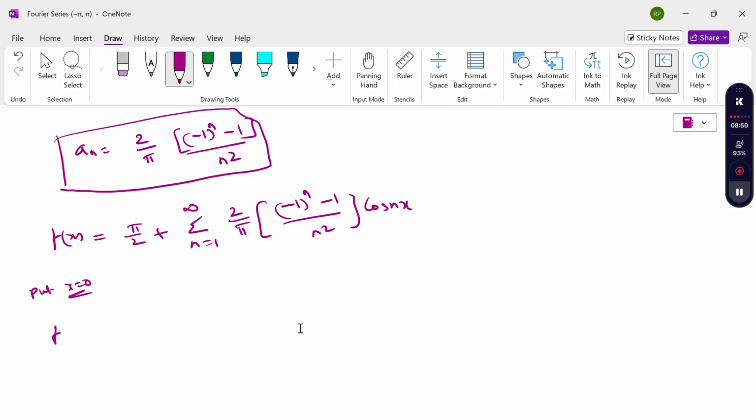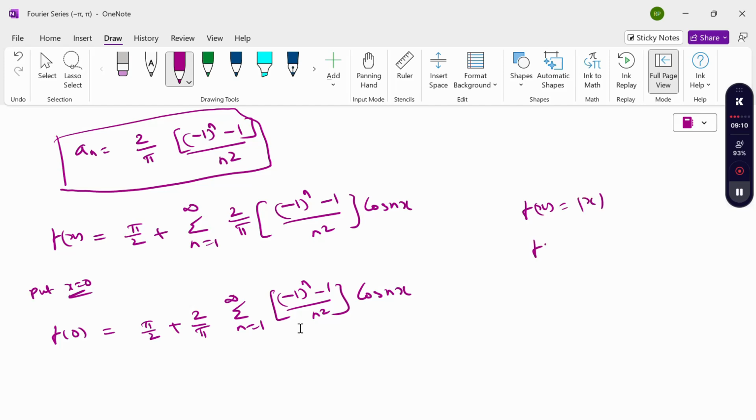So therefore f of 0 equals pi by 2 plus 2 by pi, sum from n equals 1 to infinity of minus 1 power n minus 1 by n square into cos nx. So f of 0 means f of x is the modulus of x, so f of 0 is 0.